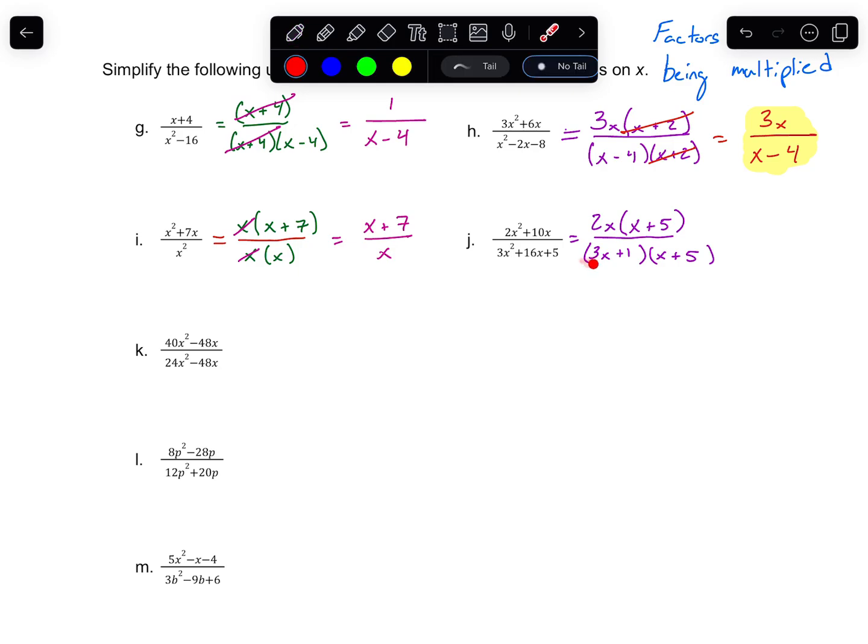Because if I multiply 3x times 5, that gives me 15x. 1 times x gives me 1x. 15x plus 1x would give me that 16x. 3x times x would give me 3x squared. 1 times 5 gives me that 5. So we'd factor out everything in the numerator and denominator, look for common factors, which we have, a common factor of x plus 5, both in the numerator and denominator. So this would just simplify to be 2x over 3x plus 1.